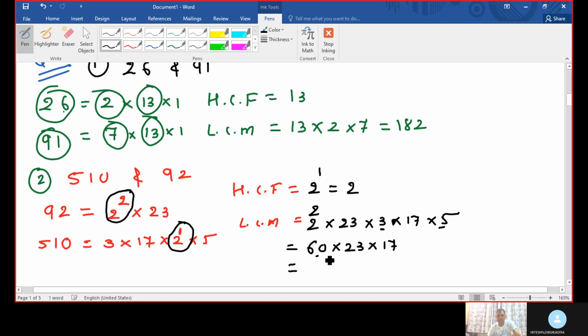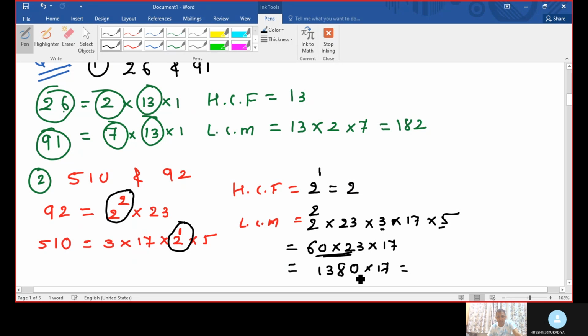First we multiply 60 by 23. 0 as it is put here. 6 3s are 18, 1 carry on. 6 2s are 12 plus 1, 13. Now multiply by 17.